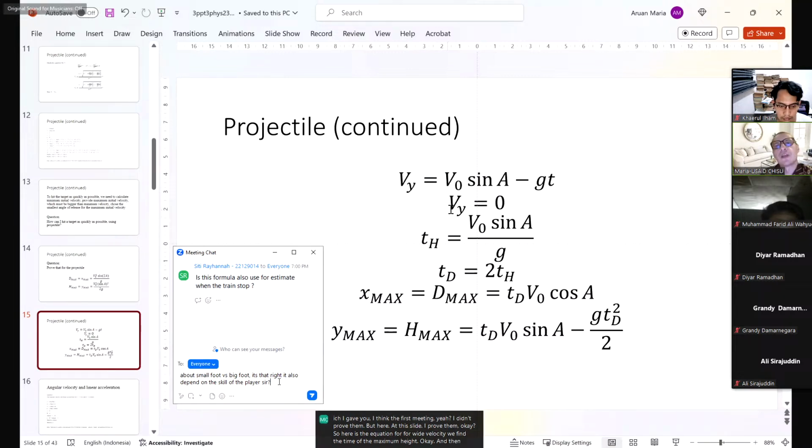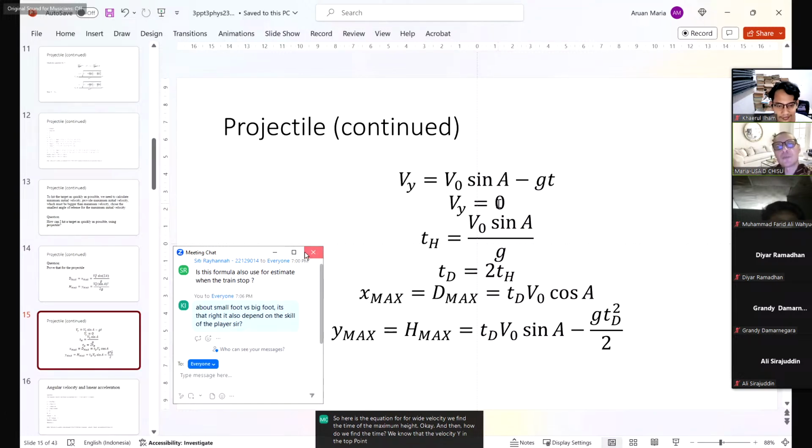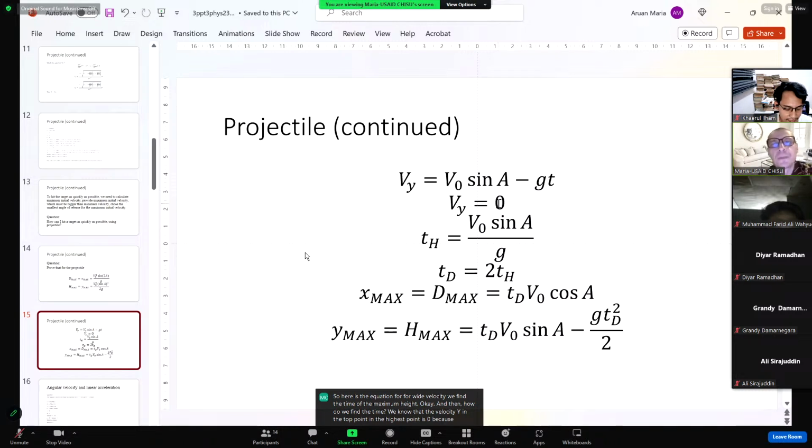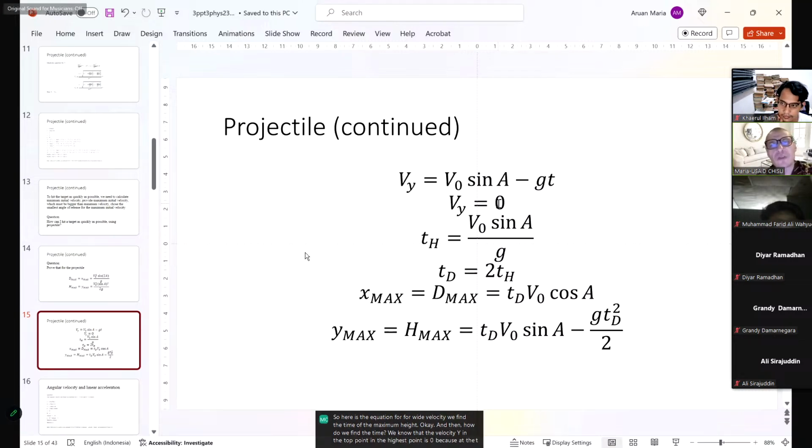And then how do we find the time? We know that the velocity y in the top point, in the highest point, is 0, because at the highest point, the projectile stopped moving up and haven't started moving down. So its vertical velocity is 0.